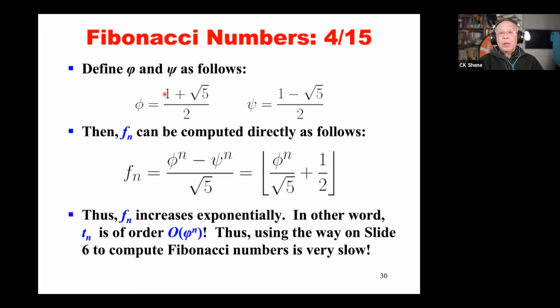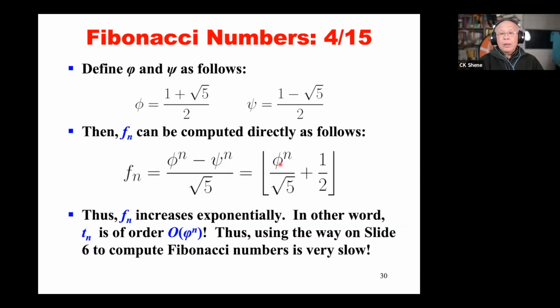Phi and psi are nearly identical, except that phi uses plus, psi uses minus. Then the nth Fibonacci number can be computed directly as follows. That is, phi raised to the nth power minus psi raised to the nth power, divided by the square root of 5.